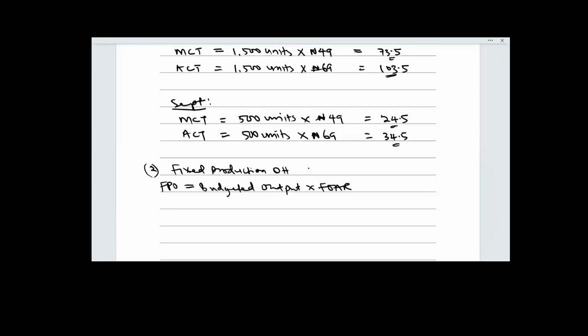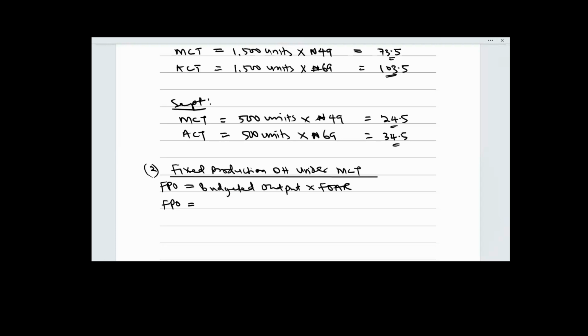Of course, this fixed production overhead is under marginal costing technique. The fixed production overhead you are going to use under marginal costing technique is the one we are calculating. Therefore, what is the budgeted output in the question?